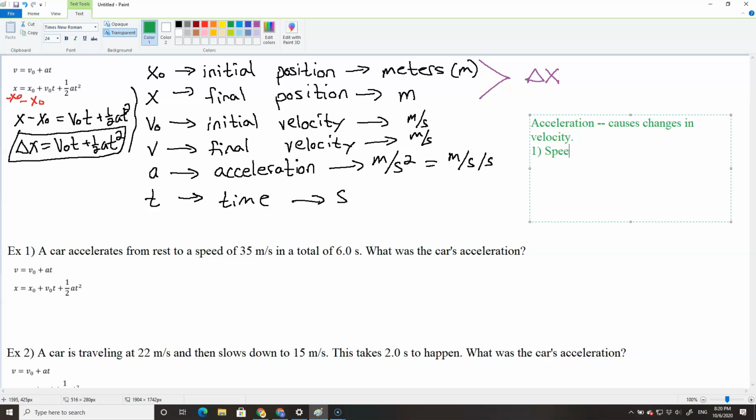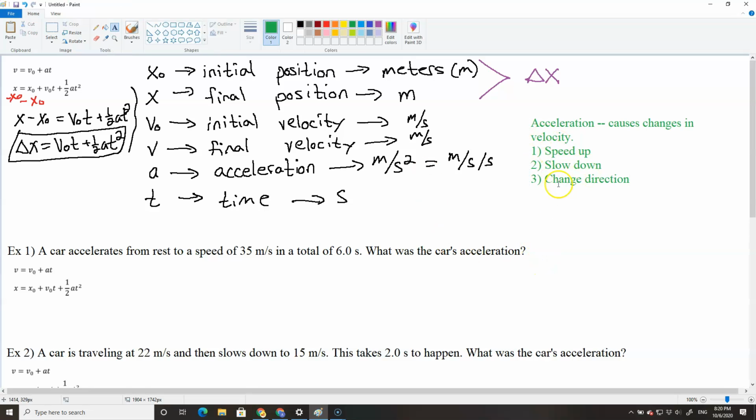You can cause an object to speed up, cause an object to slow down, and it can cause an object to change direction. Sometimes it can speed up and change direction, slow down and change direction. You obviously can't speed up and slow down simultaneously. It's also worth noting that there's no such thing as deceleration. That would just be acceleration that opposes the velocity.